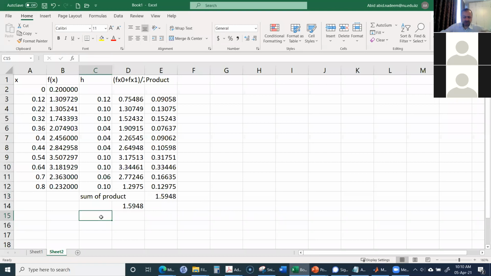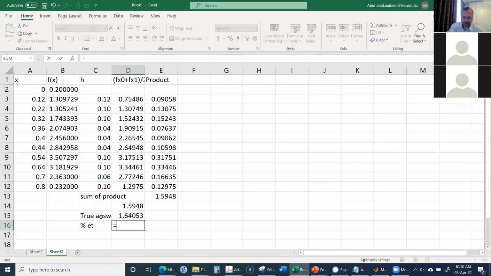The true answer is 1.640533. Okay, so the true percentage error will be equal to this true value minus the calculated value, divided by the true value and multiplied by 100.